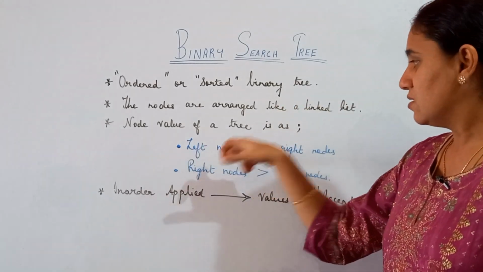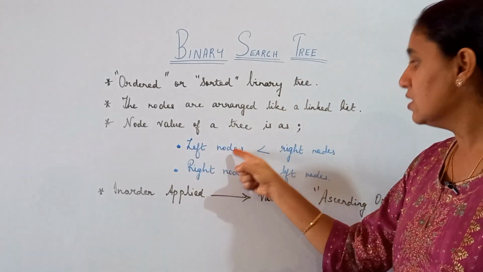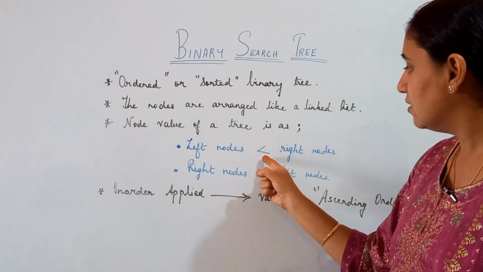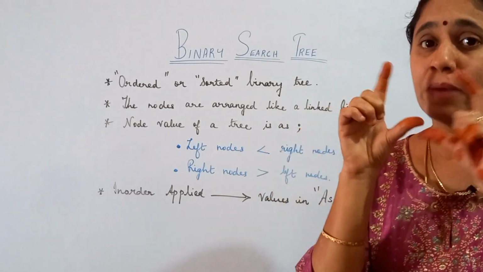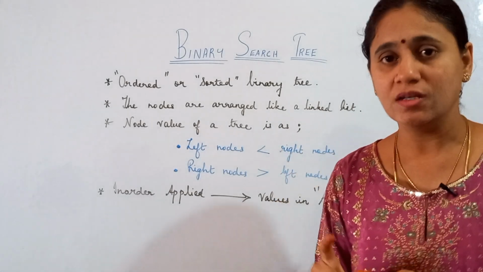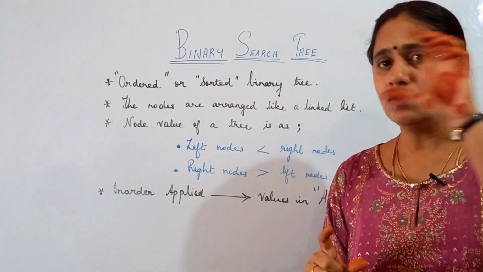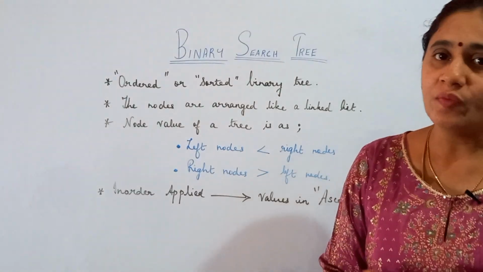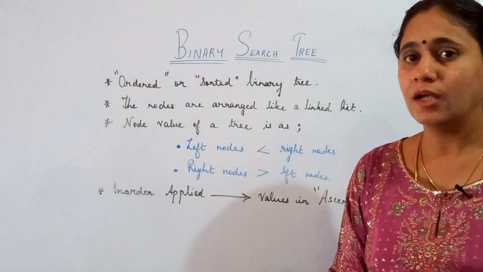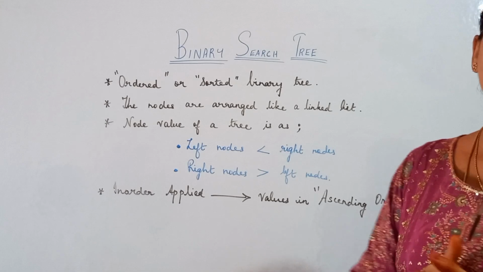So what is this? Left nodes are always lesser than right nodes in a binary search tree. We are going to construct the binary tree in such a way that all the left nodes present under the main root node will always be lesser than the right nodes.